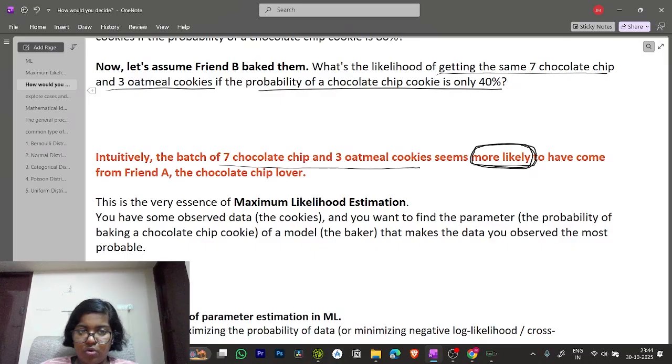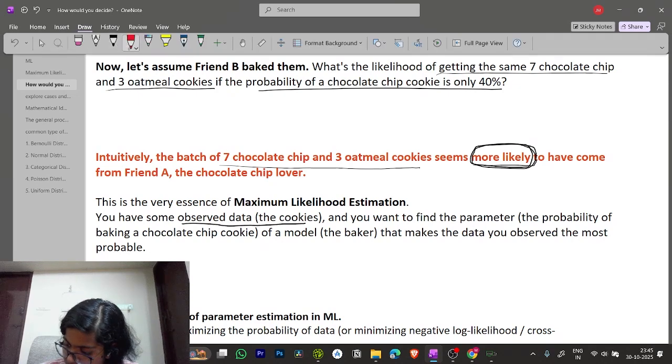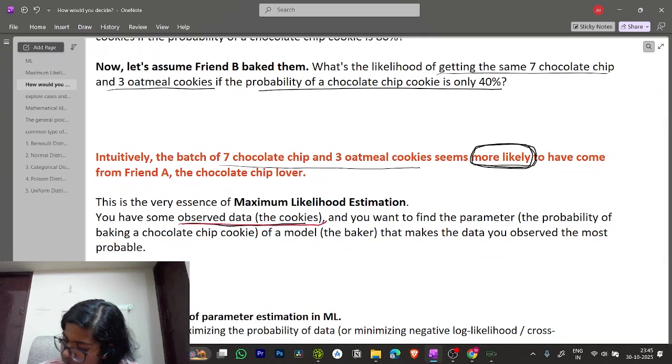In this case, the 10 cookies are our observed data. And you want to find the parameter. What is that parameter? The probability of baking a chocolate chip cookie, by who?